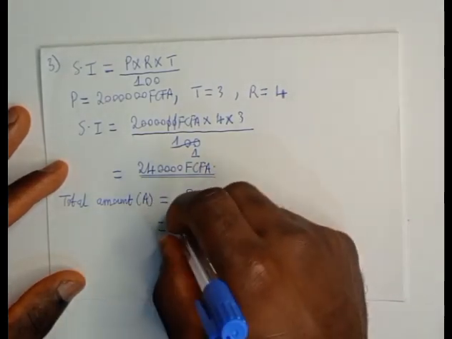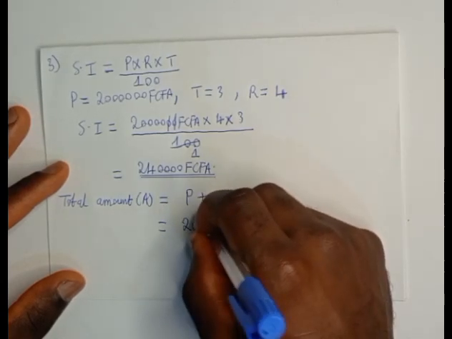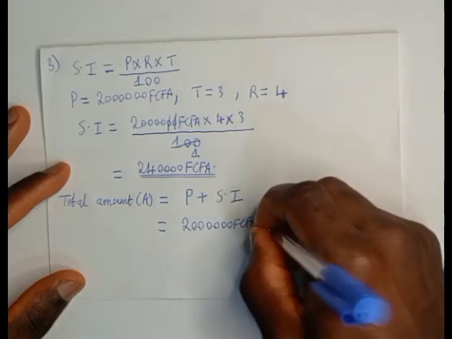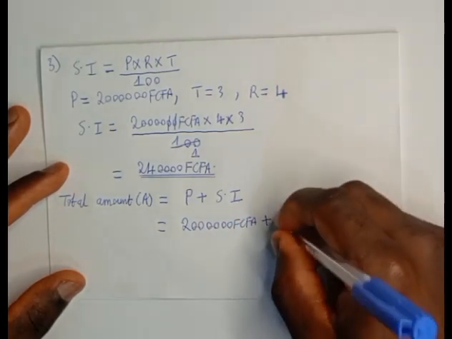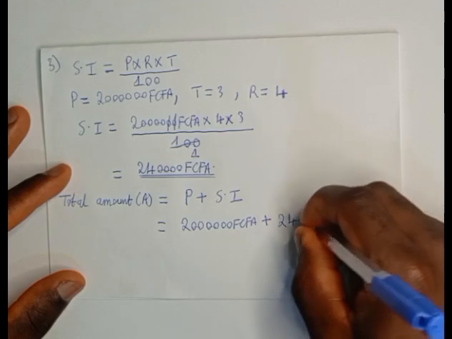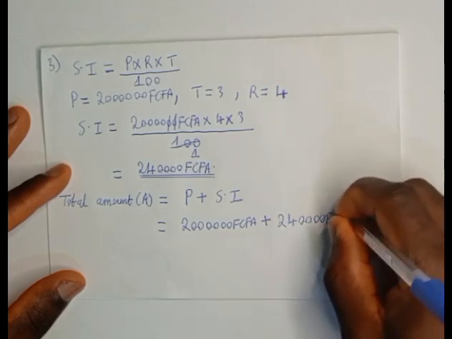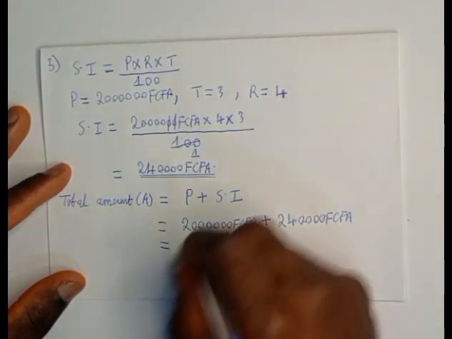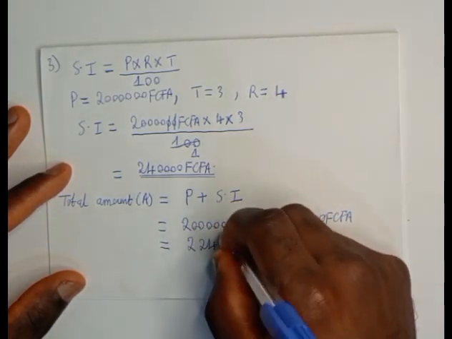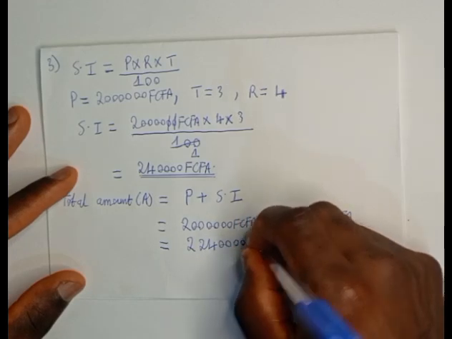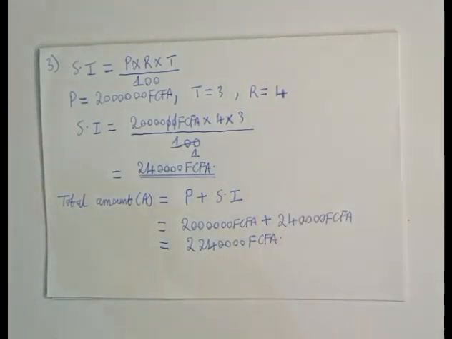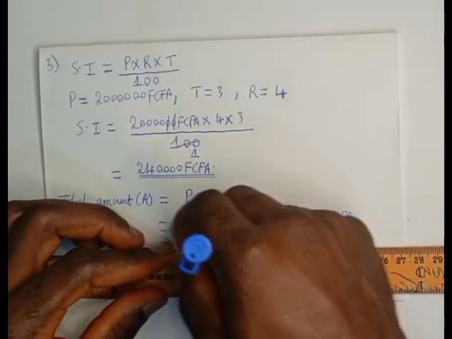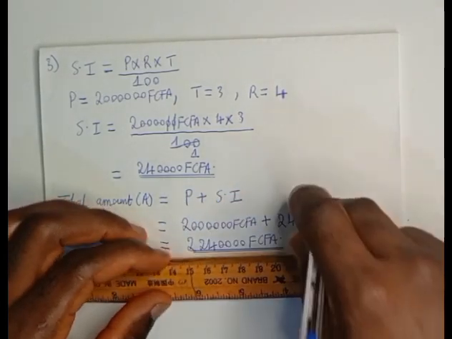And this will be equal to the principal, which is 2 million francs CFA plus the simple interest, which is 240,000 francs CFA. Performing this addition, we are going to obtain 2,240,000 francs CFA. So this is the total amount the person will receive at the end of this investment.